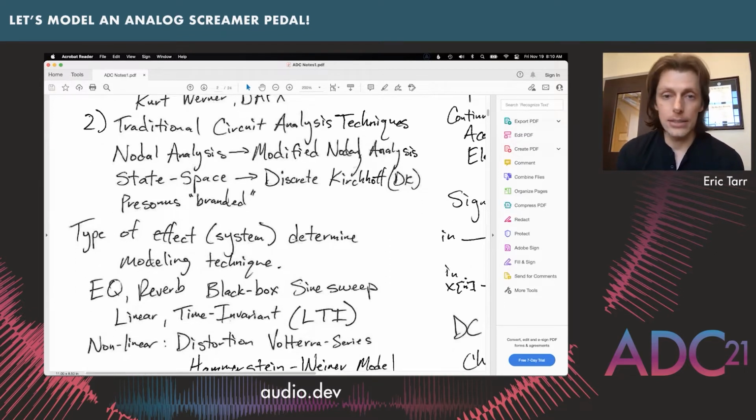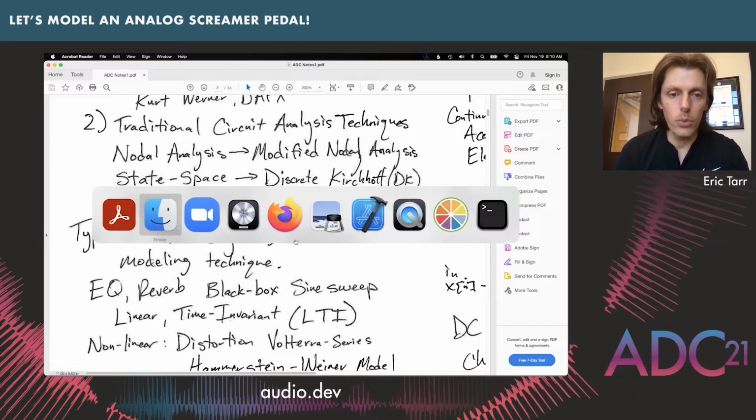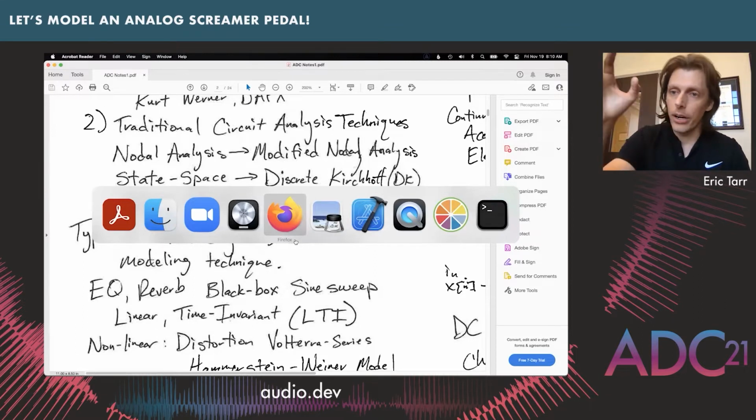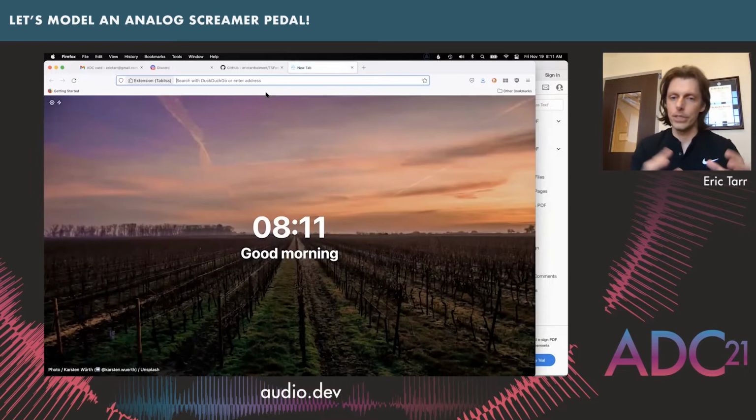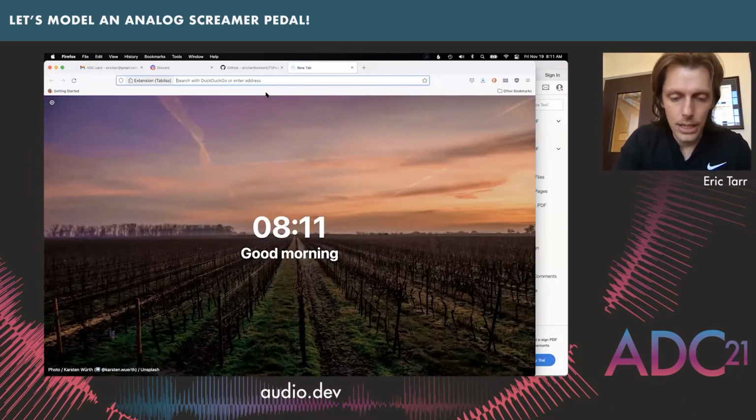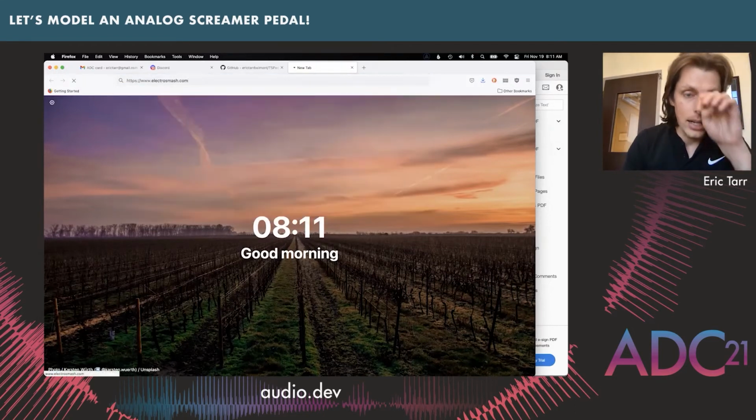Okay, so let's pull up a schematic here to look at what the Tube Screamer looks like, put our end goal in sight, and then work backwards from there to start from the beginning. A good website to know about for these kinds of electronics circuits is called Electrosmash, electrosmash.com.